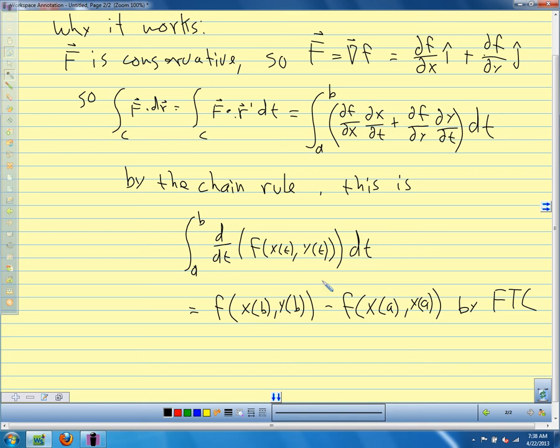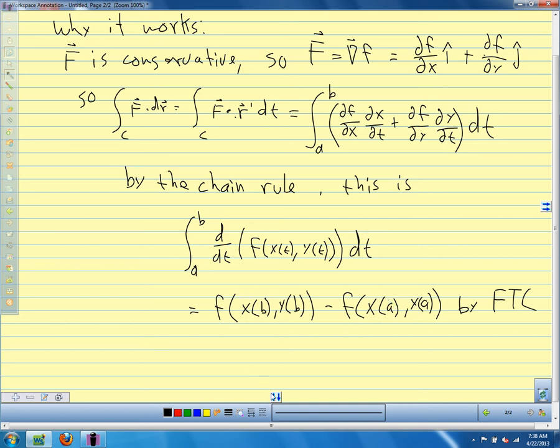Now, looking at this, what does this tell us if A equals B? If we go around a closed path, the work done is 0. If we start and end at the same place, these two quantities are going to be equal.